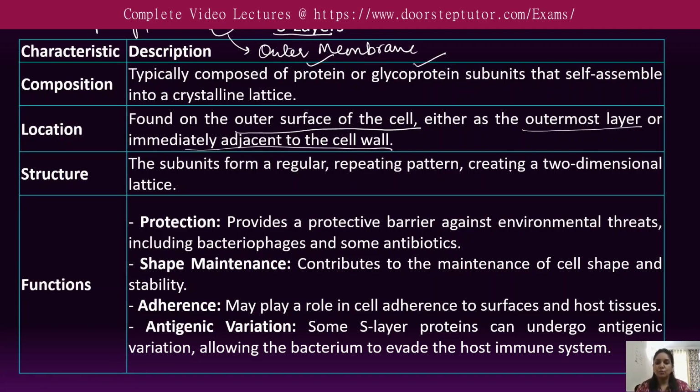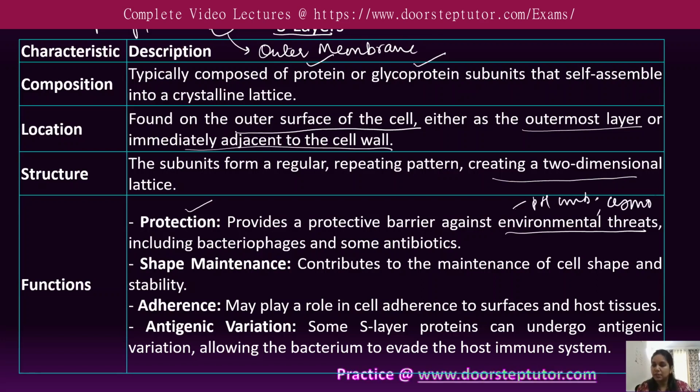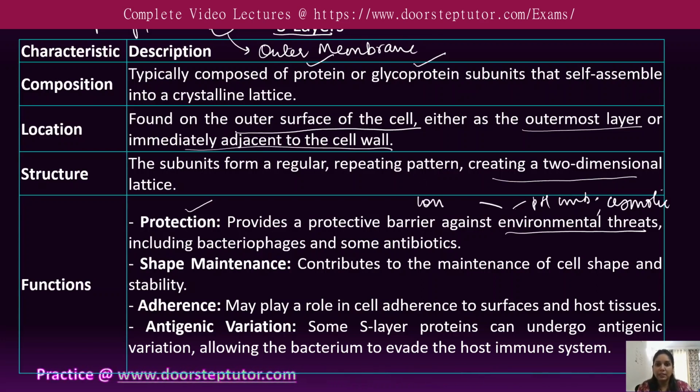Its structure is usually a two-dimensional lattice, and it provides protection, acting as a protective barrier against environmental threats. Environmental threats mean it protects the cell from pH imbalance, osmotic stress, or the ion concentration gradient. So all this protection from environmental threats is provided by the S layer.